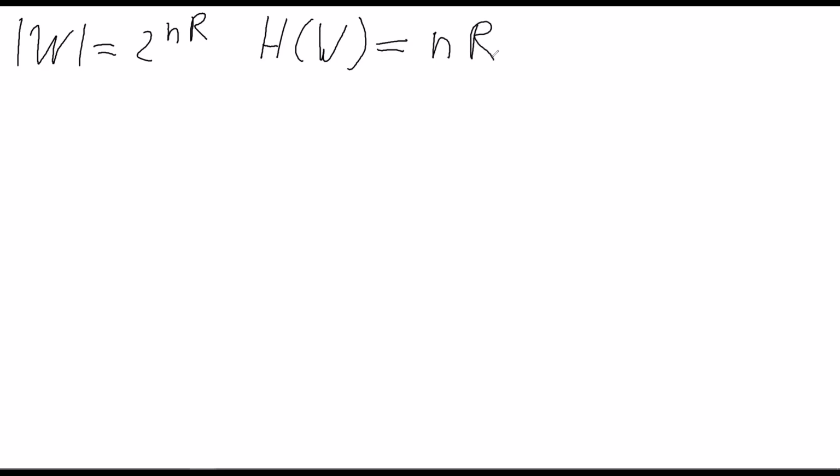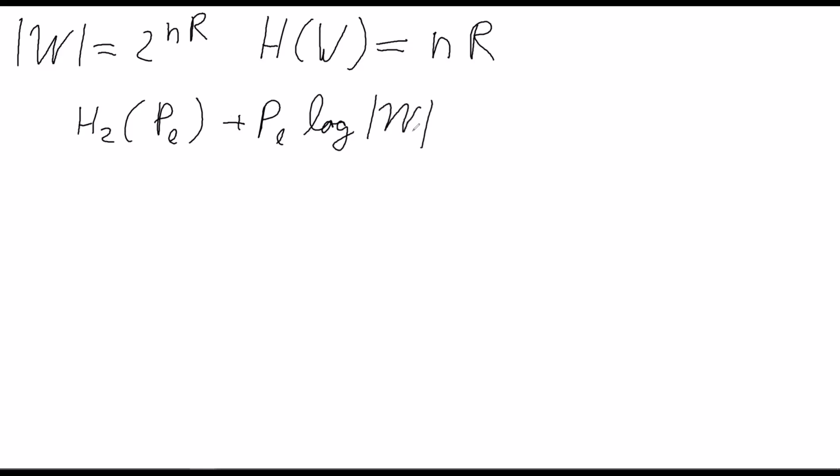Now let's look at Fano's inequality. Fano's inequality says that the binary entropy of the error plus the probability of the error times the logarithm of the cardinality of the alphabet is greater or equal than the entropy of W conditional on W hat.